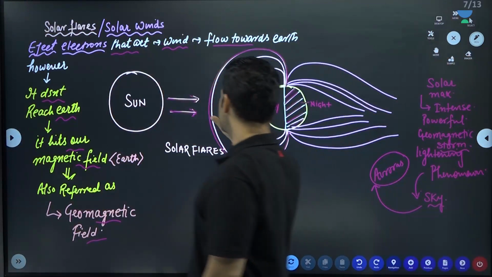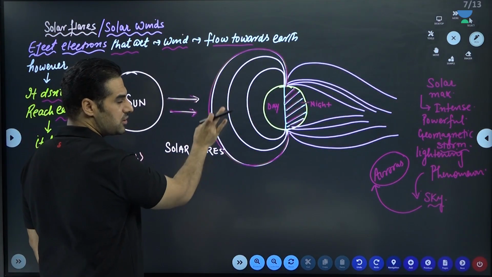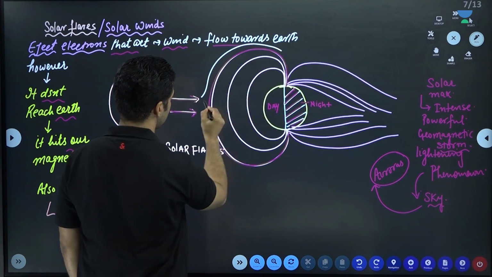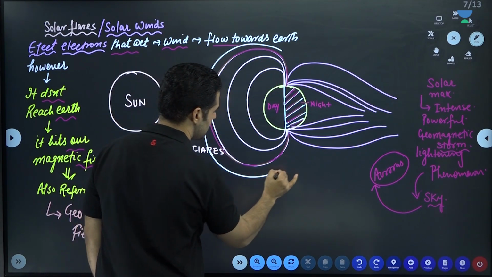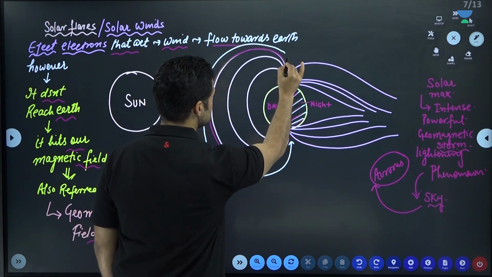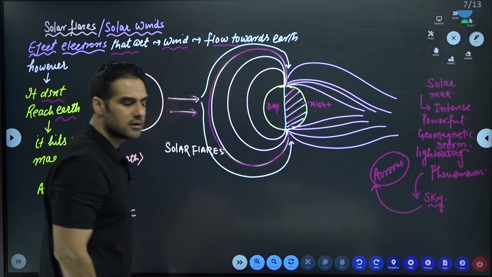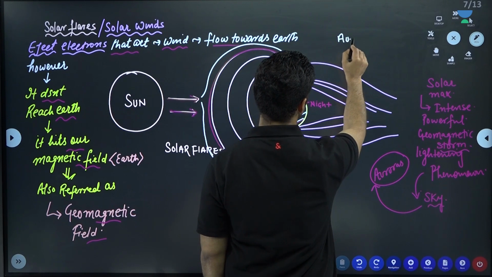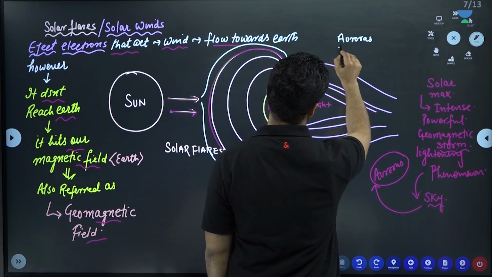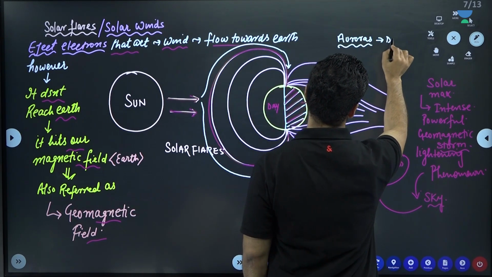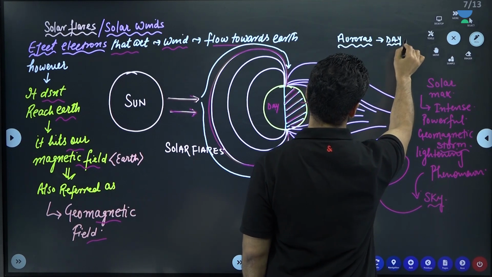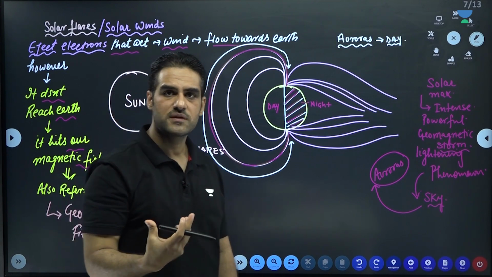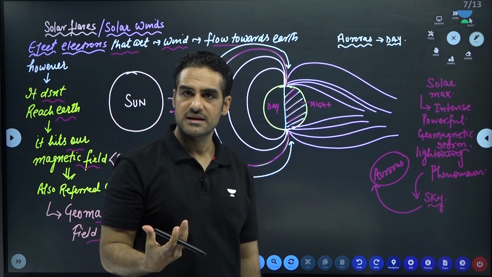Now, when these solar flares strike this earth, what will happen here? To this shield, when they strike this magnetosphere, they will go up and around and reach towards these poles. So during this daytime, you have auroras. It is daytime aurora. That means lightning phenomena during the day. Northern hemisphere aurora borealis, southern hemisphere aurora australis. Is it clear?